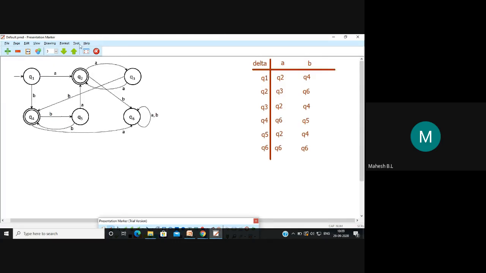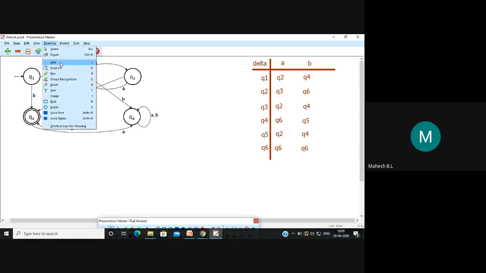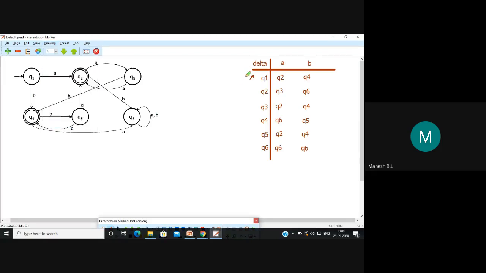In the transition table you also need to mark which is the initial state and which is the final state. The initial state is Q1, so you need to put one arrow for the initial state. Then for accepting states you can put a circle around them.